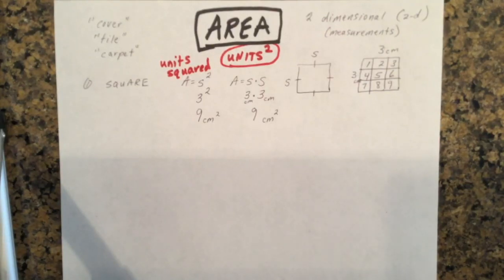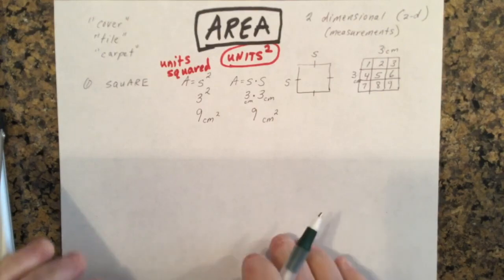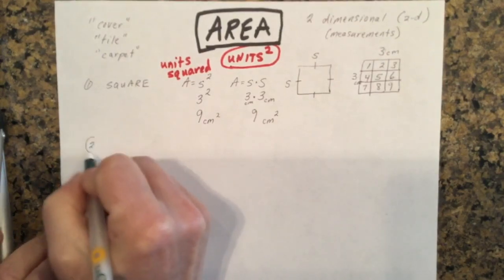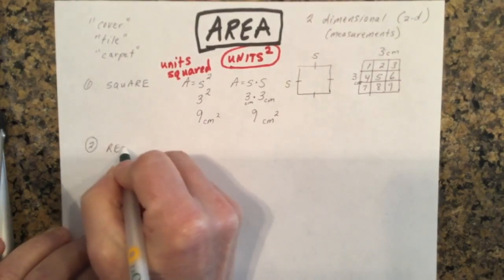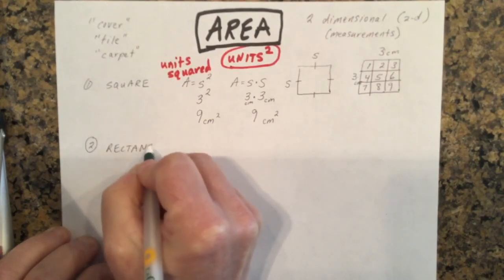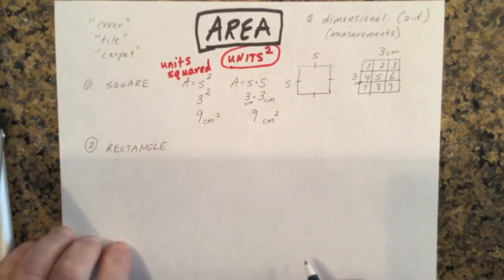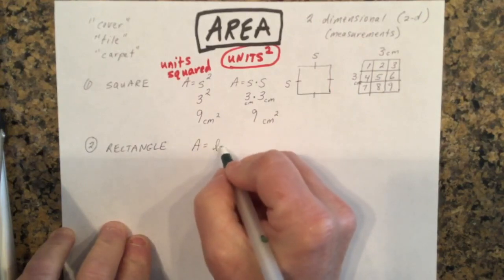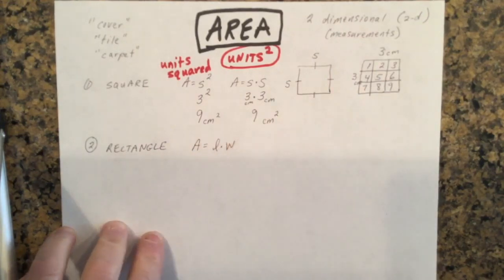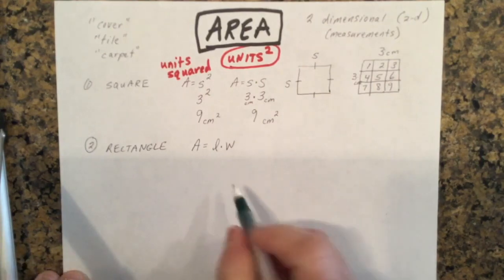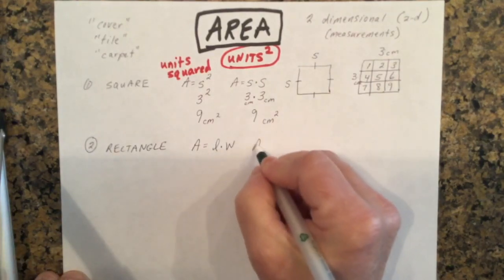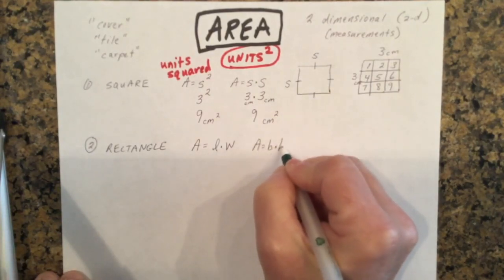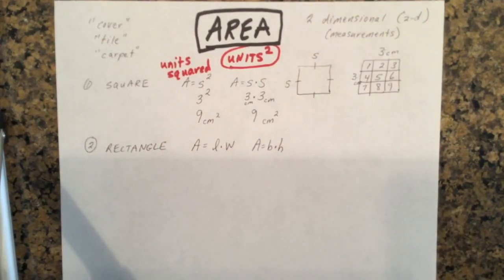Now let's move to a rectangle, which will be our second shape today. So a rectangle has a formula for area, and that formula that you probably learned in elementary school was length times width. Now, as we get older, we're going to replace that length times width. We're really going to start talking about base and height in all of our shapes going forward, okay?